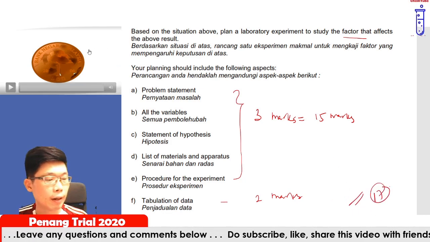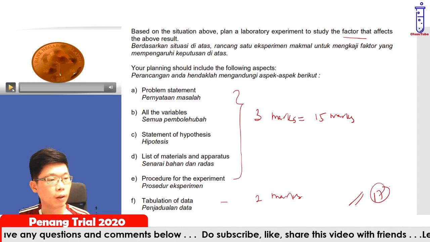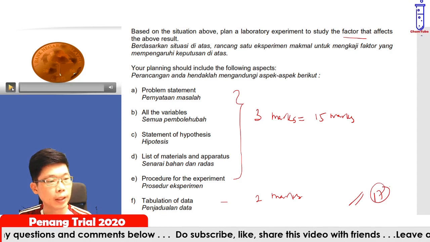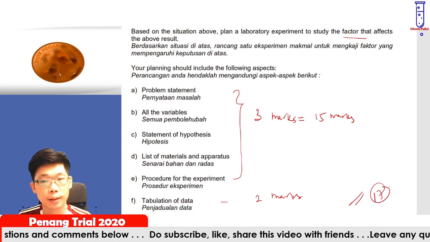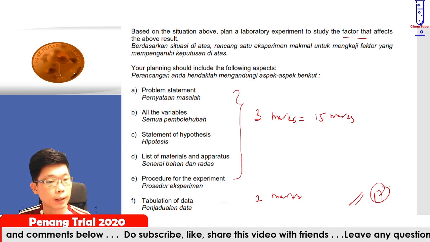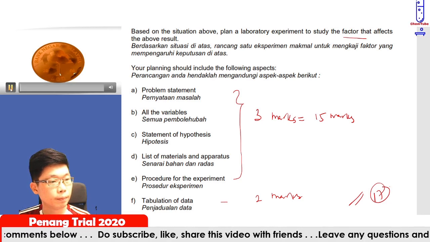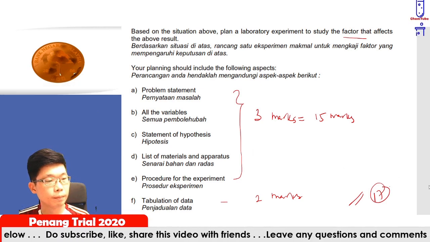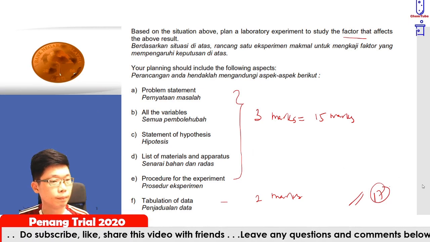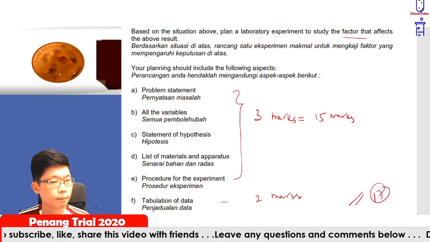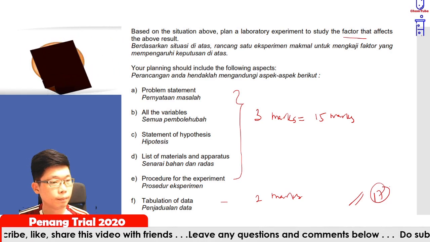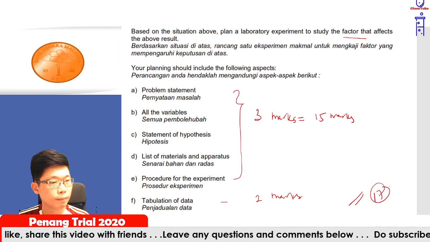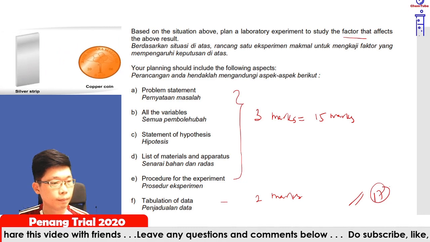So now I show you the video on how to electroplate. The process of electroplating a copper coin with silver. Before carrying out the electroplating process, the copper coin must be cleaned with sandpaper. Then, the copper coin and the silver strip are attached to the setup.